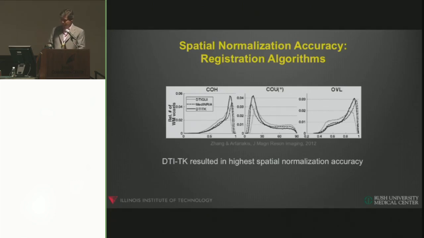It's not 50 or 20 or whatever, so we do need more studies on this case. So we're comparing DTI GUI that uses FA and trace information, Medinria and DTI TK that are using tensor-based registration, and we're using study-specific templates. And what we see is that the DTI TK generates better, higher spatial normalization accuracy.